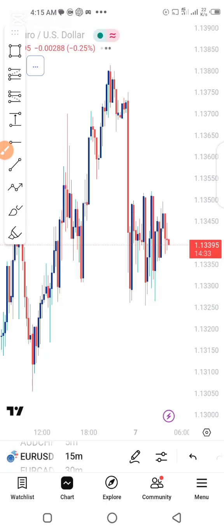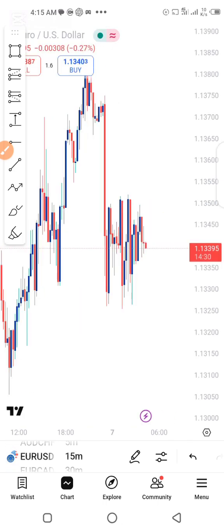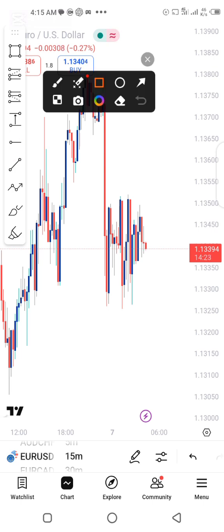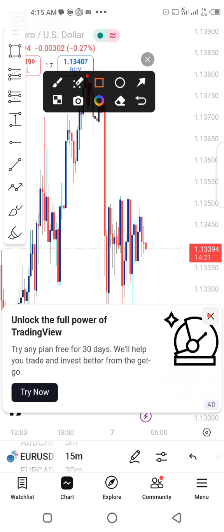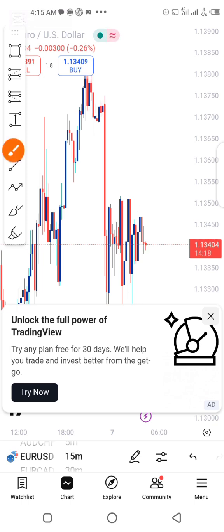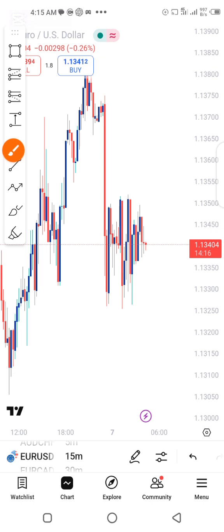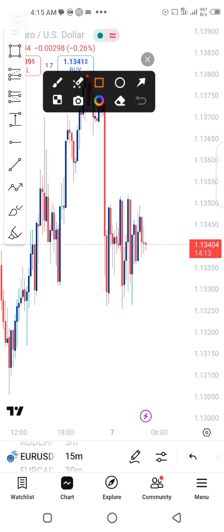So this is Euro USD. Now if you check over here, let me show you guys something. Look at it very well, you understand what we just studied in our theory.